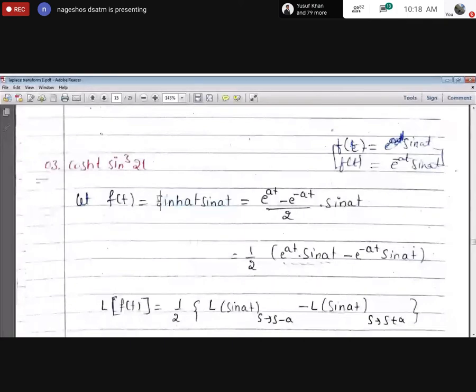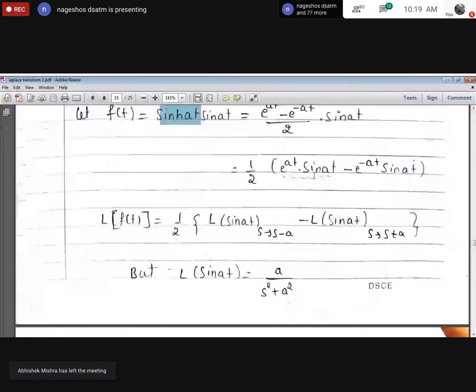First thing is, what we need to do, we need to change sine hyperbolic at to exponential. How to change? e power at minus e power minus at divided by 2. Next, multiply this e power at sin at, then this one minus e power minus at sin at. 1 by 2 outside.